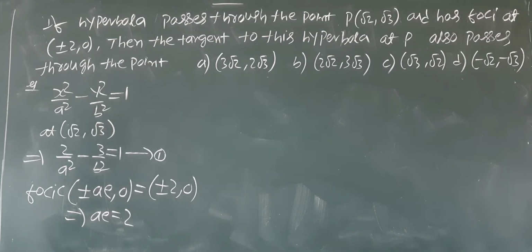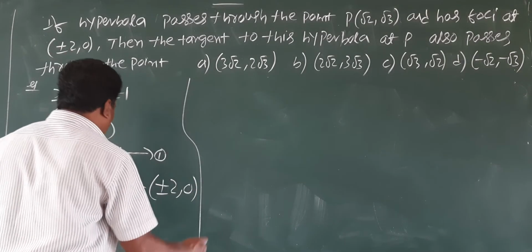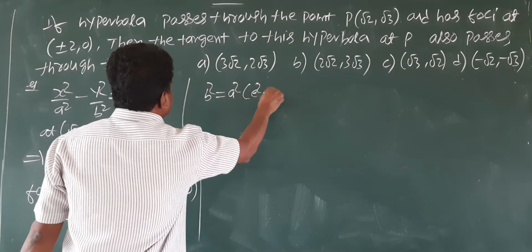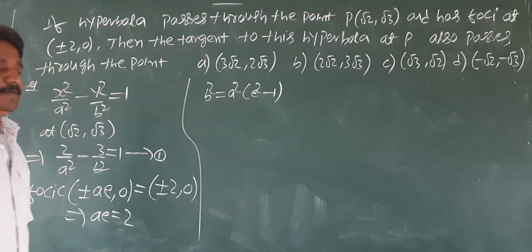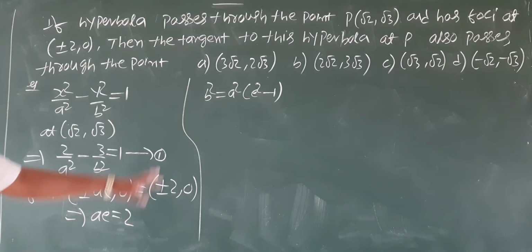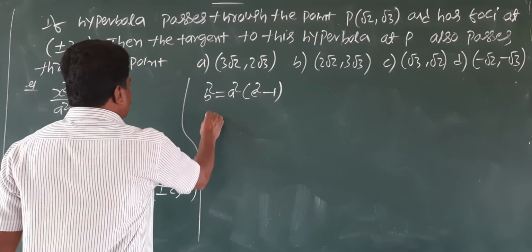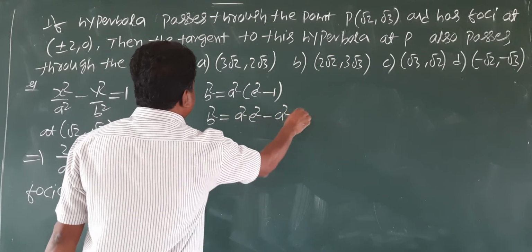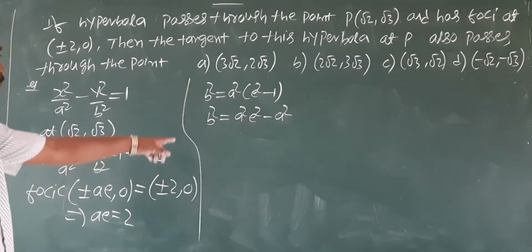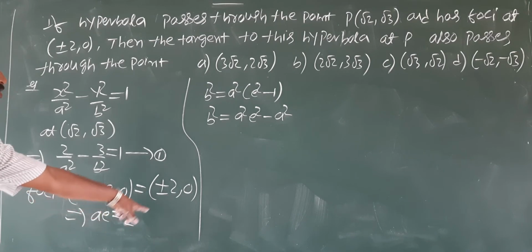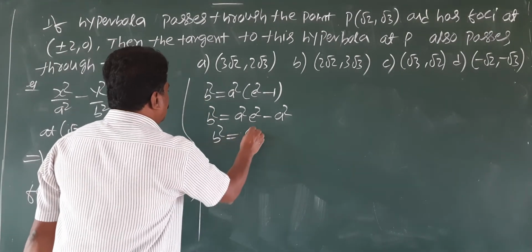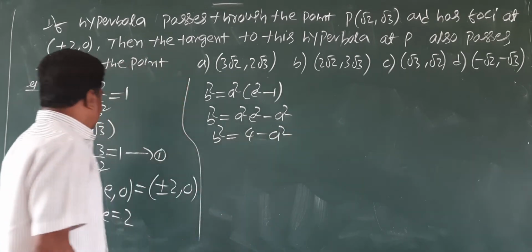Now you use this formula, the b square formula. b square is equal to a square into e square minus 1. So b square equals a square e square minus a square. Substitute for ae. ae is 2, so a square e square is 4. b square is equal to 4 minus a square.